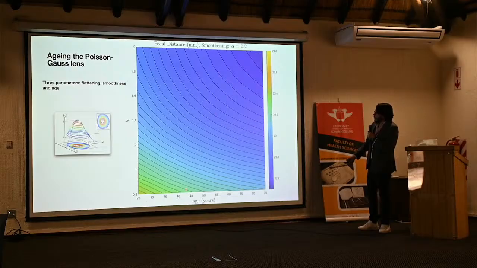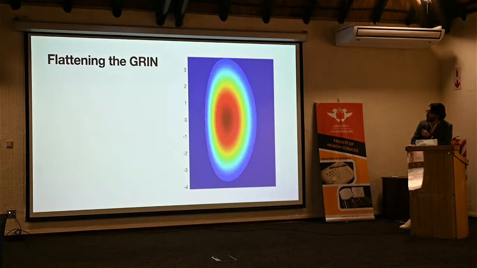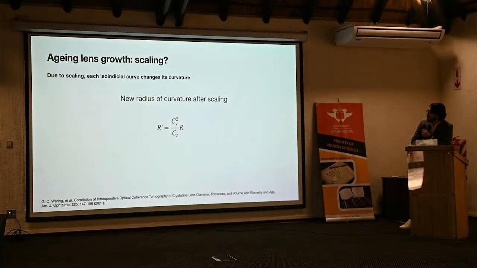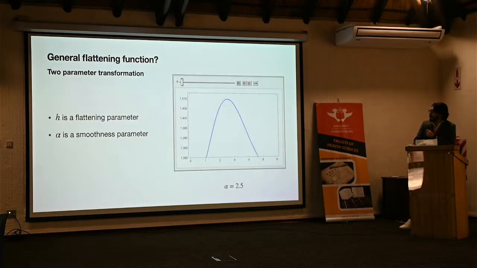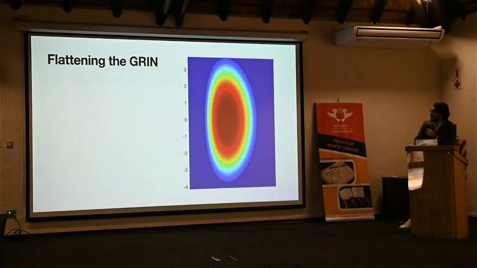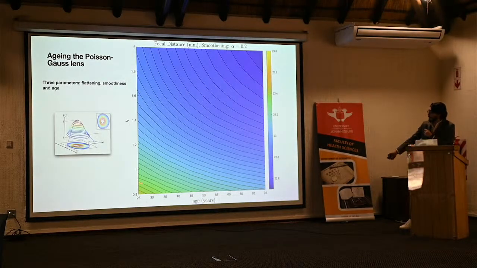And then here we have age, but age is, remember, the scaling, because the scaling is a function of age according to this data. So here we have, broadly, in this axis, the scaling, which occurs at each age.